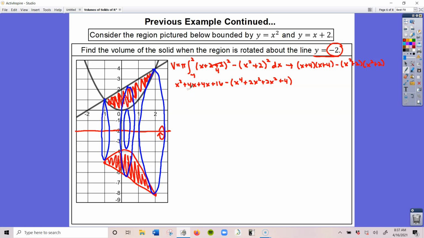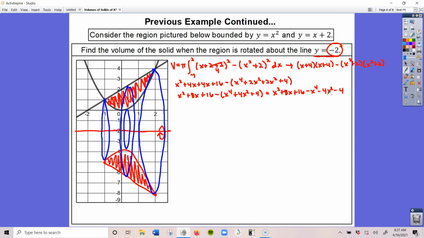We can combine like terms, so we get x squared plus 8x plus 16 minus x to the 4th plus 4x squared plus 4. Distribute the negative, and we get x squared plus 8x plus 16 minus x to the fourth minus 4x squared minus 4.